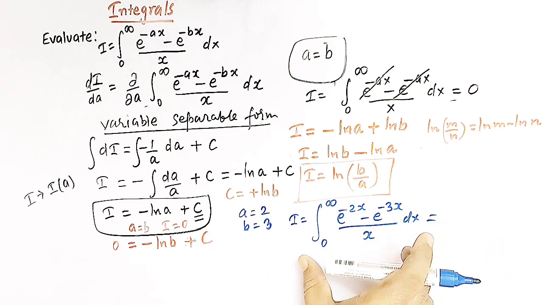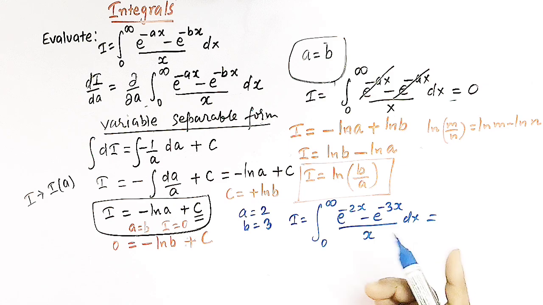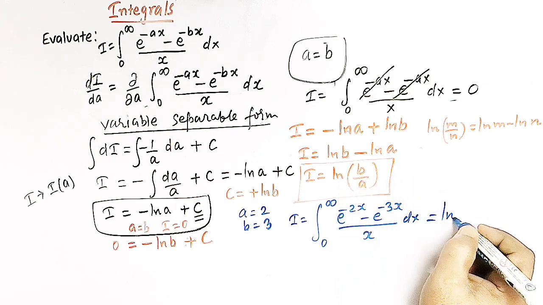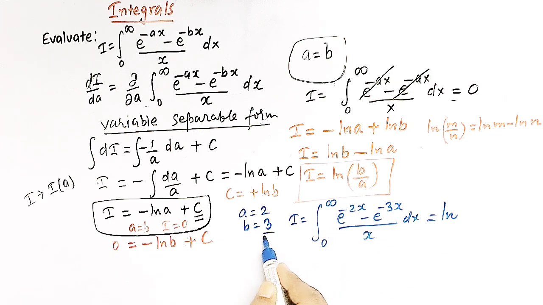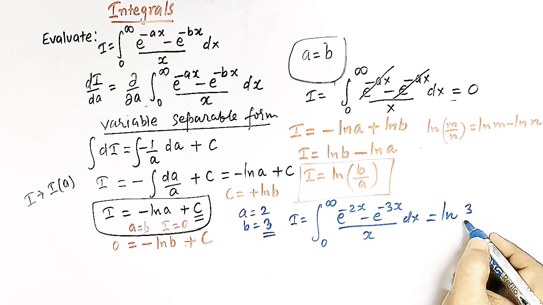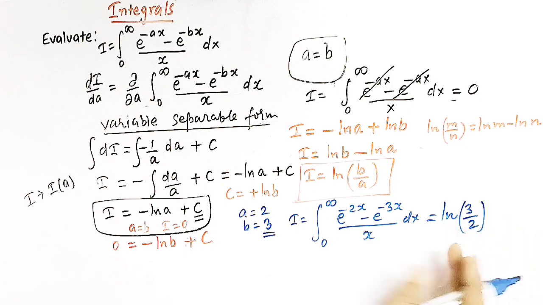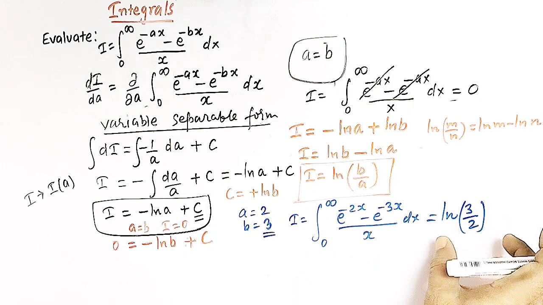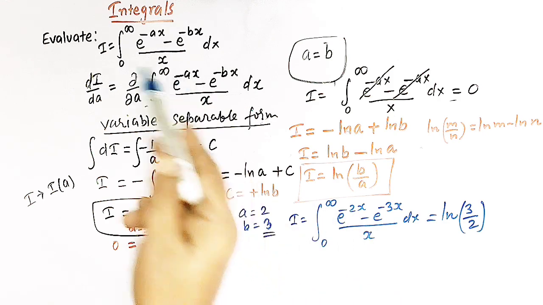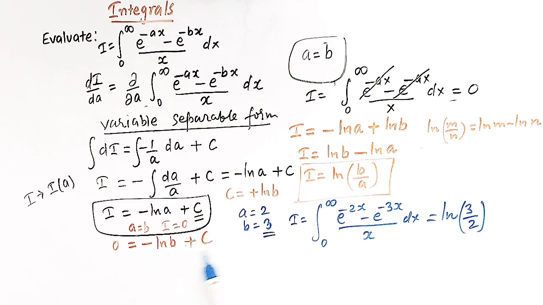The value of this integral can easily be written with the help of this expression. So here we have natural log of b over a, b is 3 and a is 2. So we have natural log of 3 over 2. So the value of this integral is equal to natural log of 3 over 2. Similarly, we can find out the values of other integrals also by assigning different valid values to a and b.